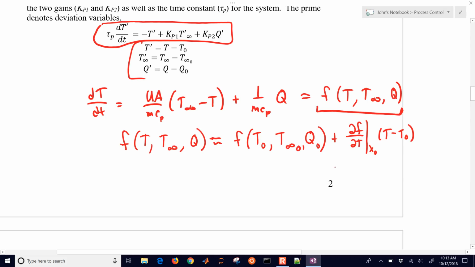For every additional term, we add the derivative with respect to that variable. If any variables are left in that derivative, we plug in the nominal condition, so that should be a constant.